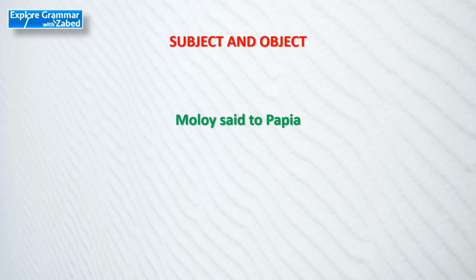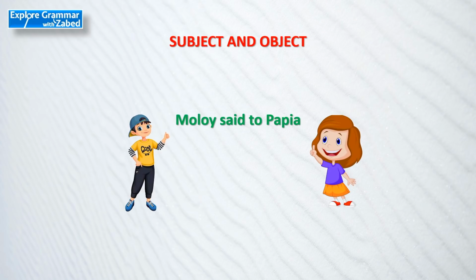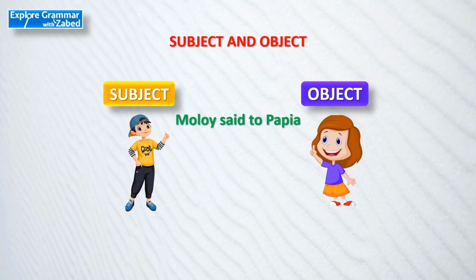In the clause, Malloy said to Papia, here, Malloy is the person doing the action and Papia is the person receiving the action. The person doing the action is the subject and the person at the receiving end is the object. Please keep that in mind.